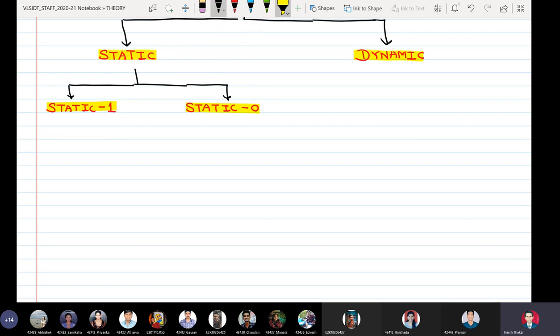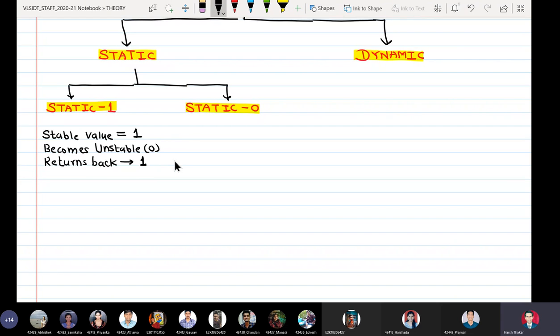Okay, so static 1 hazard means the output stable value is equal to 1, becomes unstable, that is 0, and returns back to 1.